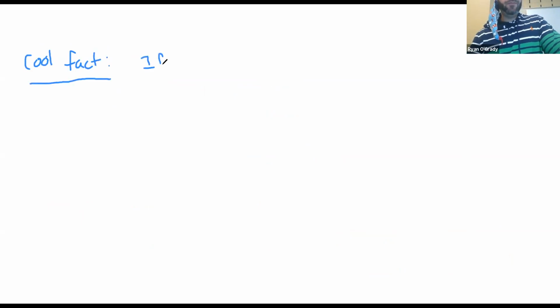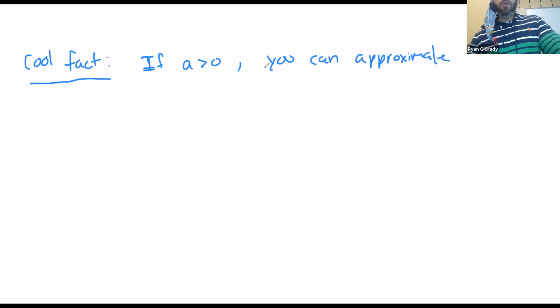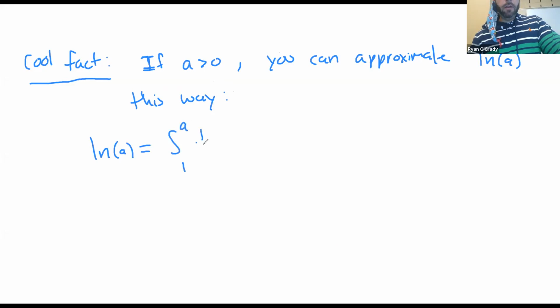So let's say A is any number greater than 0, you can approximate the log, in particular the natural log of A, this way. The natural log of A is the integral from 1 to A of 1 over x dx, and you can approximate it.